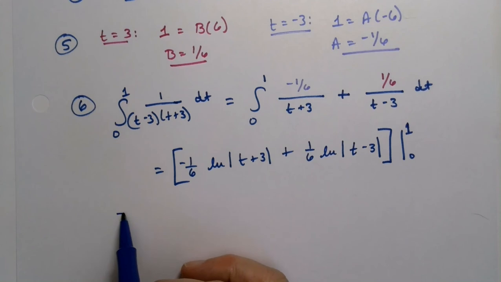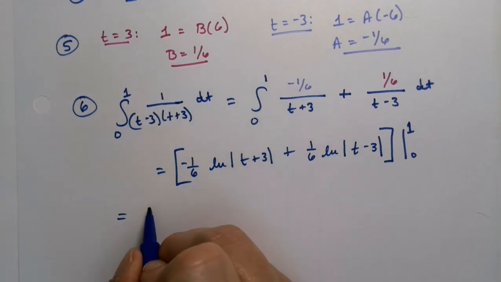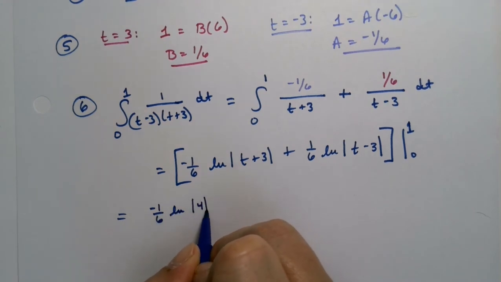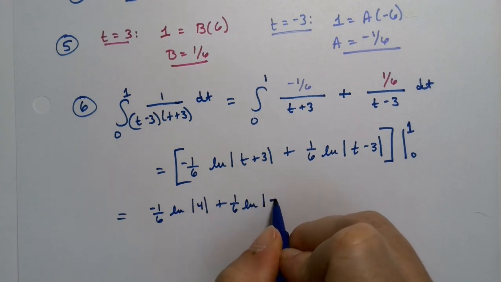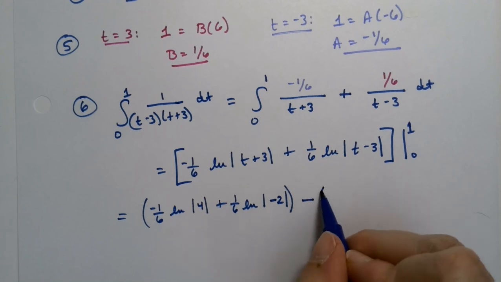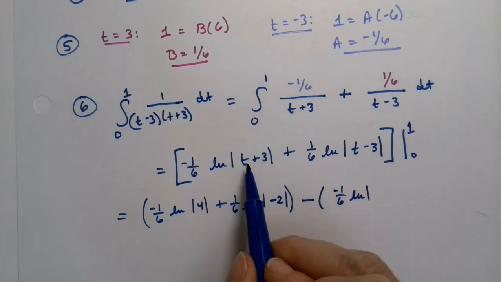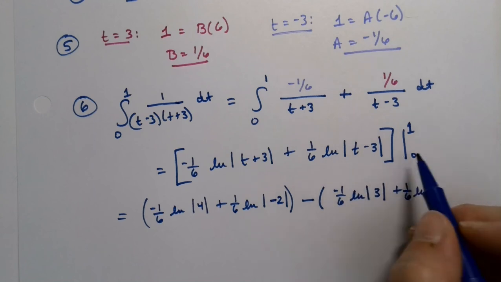Okay, so now it's just a question of putting in those values. When I put in 1, I'll have negative 1/6 natural log of 4 plus 1/6 natural log of absolute value of negative 2. So there's 1 going in, minus negative 1/6 natural log absolute value of 0 plus 3, which is 3, plus 1/6 natural log absolute value of 0 minus 3.